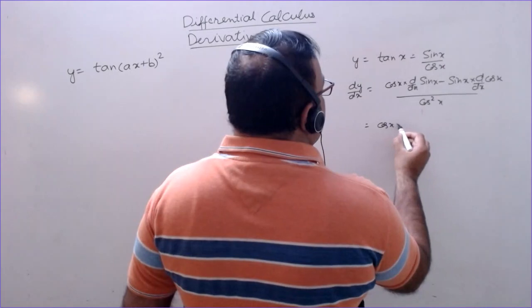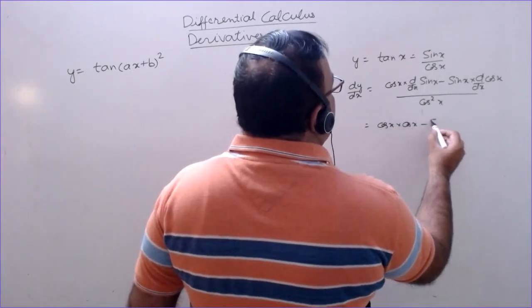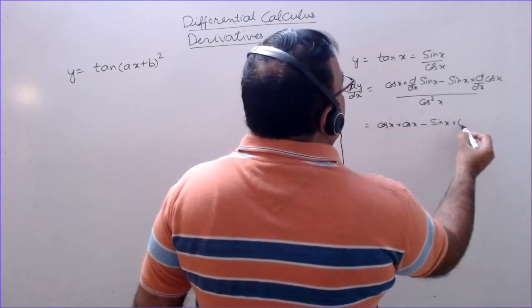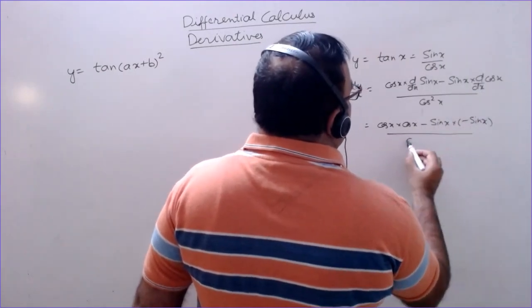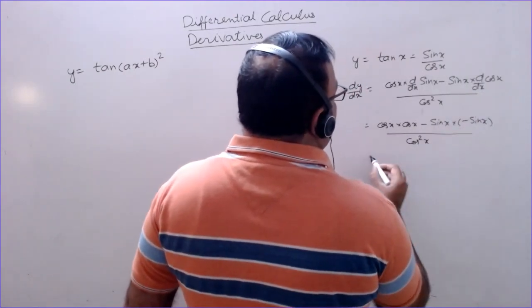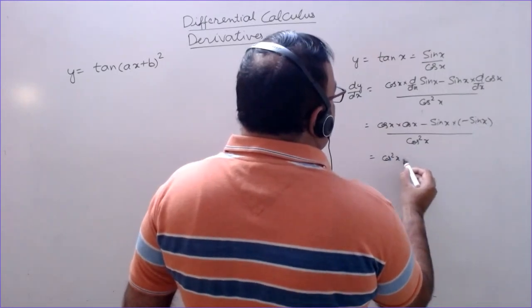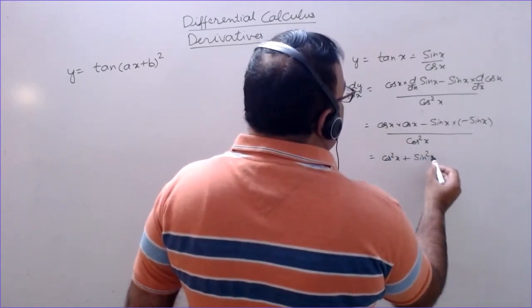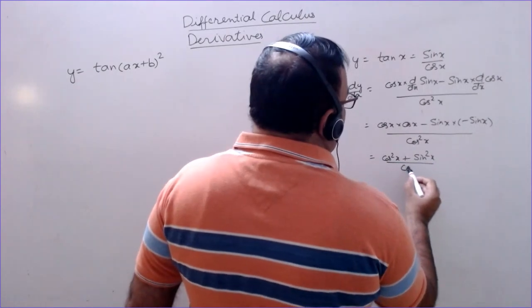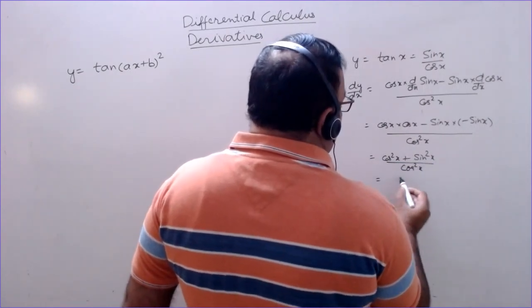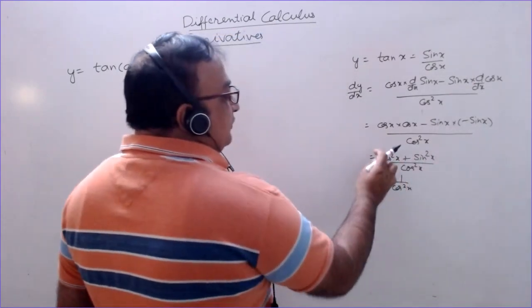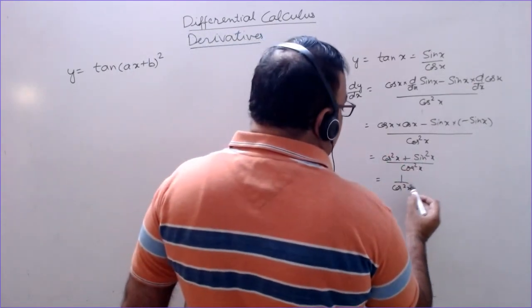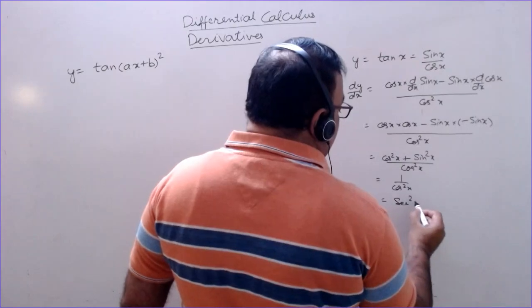So cos x into cos x minus sin x into the derivative of cos x, which is minus sin x. So cos square x plus sin square x upon cos square x, that is 1 upon cos square x, because cos square x plus sin square x is equal to 1. So this is sec square x.